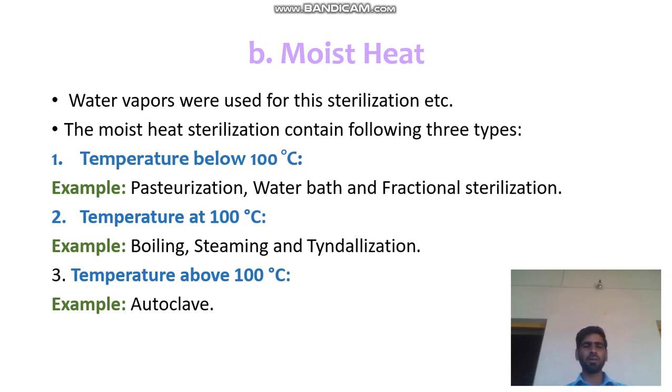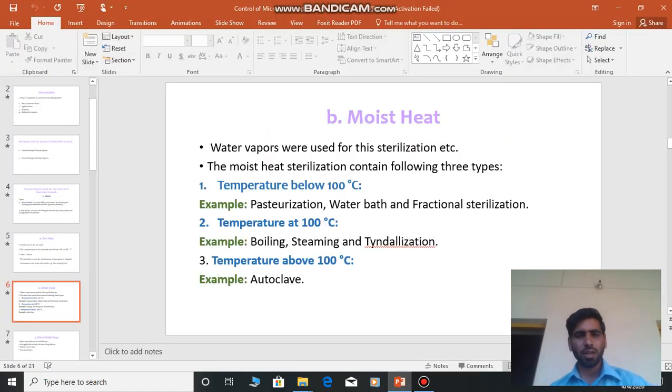There are three types of moist heat sterilization. The first is temperature below 100 degrees centigrade, the second is temperature at 100 degrees centigrade, and the third is temperature above 100 degrees centigrade, which is autoclaving.